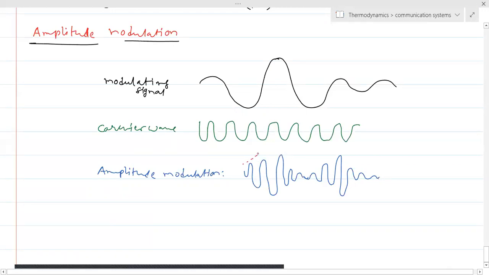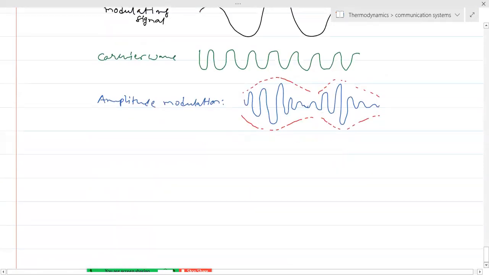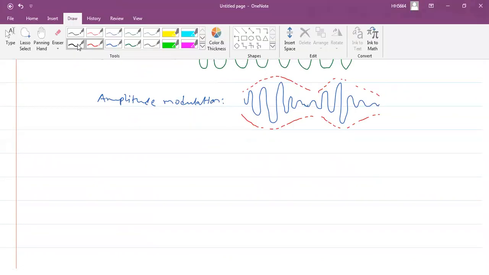So this is the amplitude modulation signal. So in this way, we are having amplitude modulation. So now we will analyze how the wave is going to be modified, and we will think of the terms.